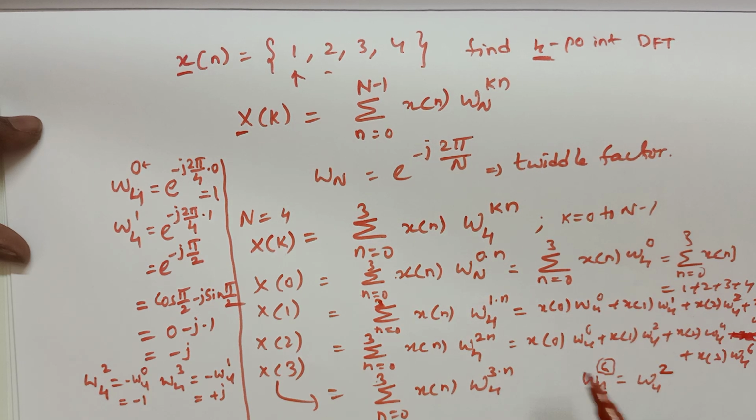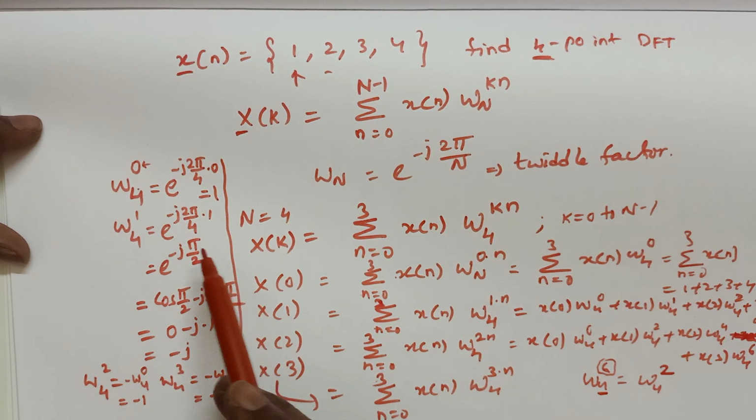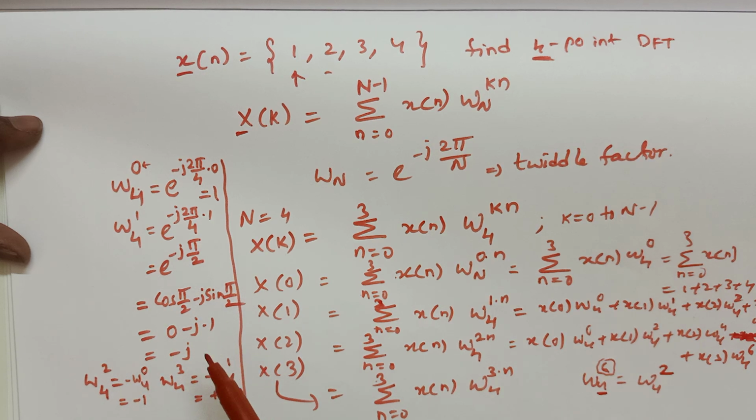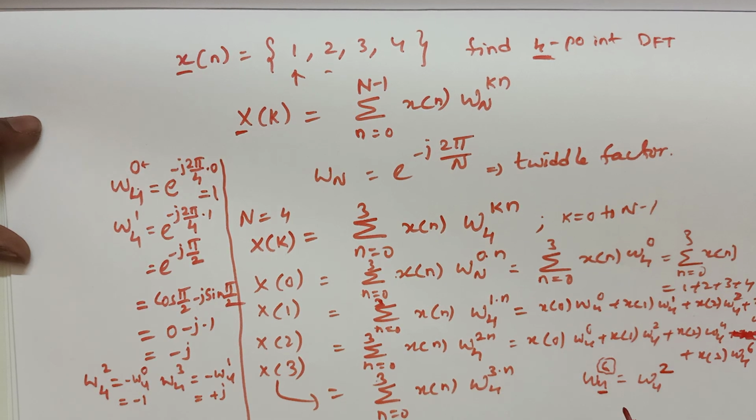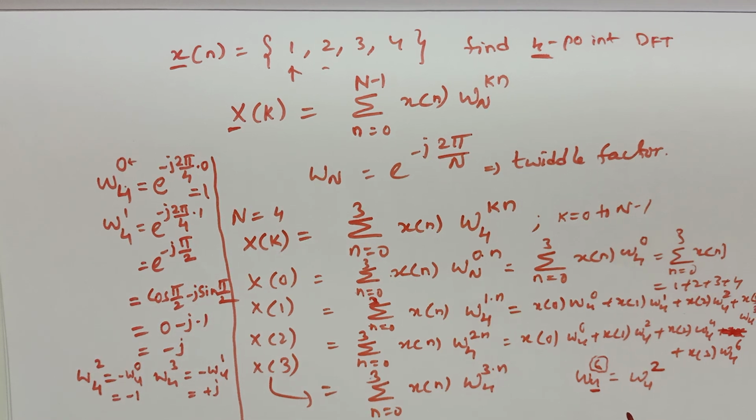We already calculated W_4 power 2, which is minus W_4 power 0, so we can use this value. Similarly, for any higher power, we just divide that power by N and take the remainder as the power, so that the value falls under the first N values. Like this we can substitute the twiddle factors. Once you calculate the twiddle factors, we can substitute them here. Okay, thank you.